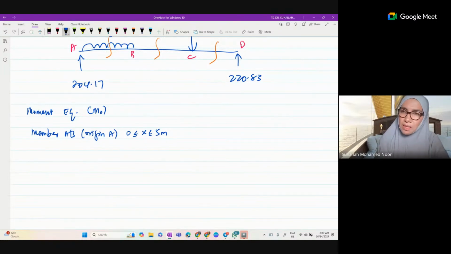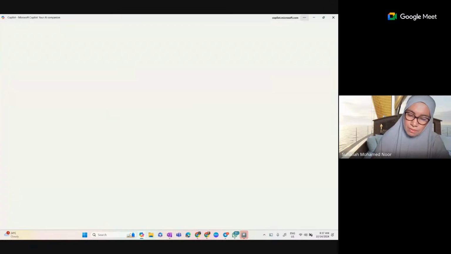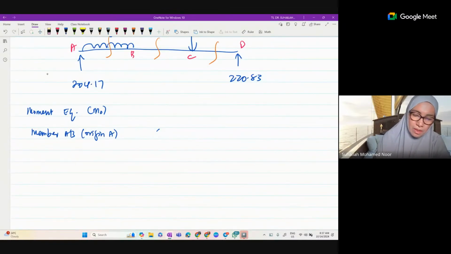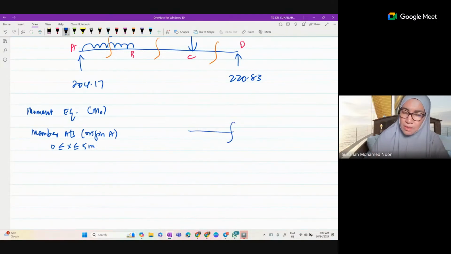Okay, so this is the member AB. So yang ni put down. So X from 0 to 5 meter. So the section, member AB, origin A, we draw this section to write the moment equation.